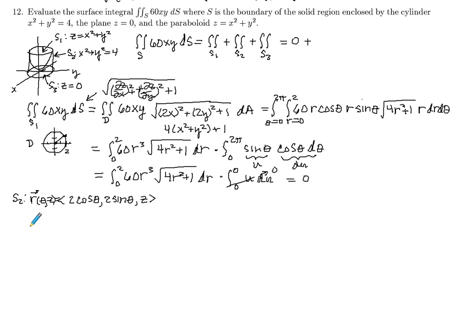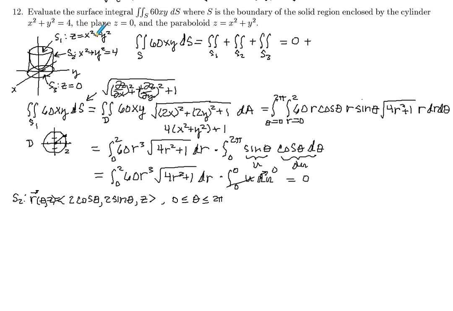And so then we need to decide our limits of integration here. Theta goes from 0 to 2 pi, so 0 less than or equal to theta less than or equal to 2 pi. That's one full revolution to sweep out that cylinder. And then z goes from 0 at the bottom to 4 at the top, because z equals x squared plus y squared intersects the cylinder, but x squared plus y squared on the cylinder is 4.